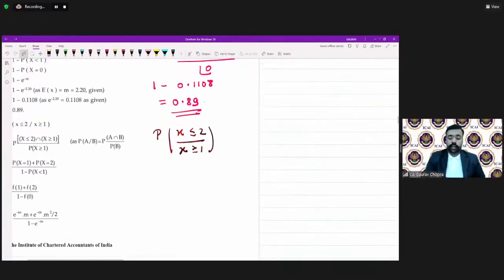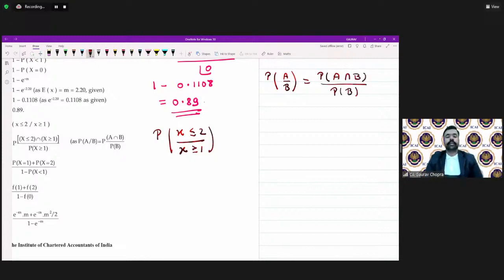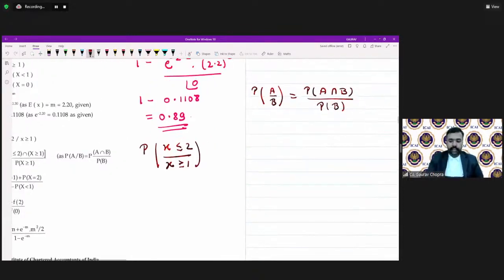You might have discussed the formula for P(A/B) in the probability chapter. P(A/B) means P(A intersection B) divided by P(B). And this intersection means what? Common.